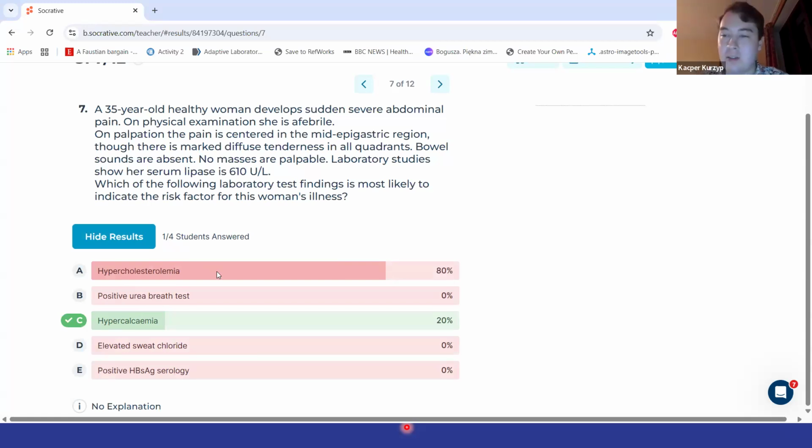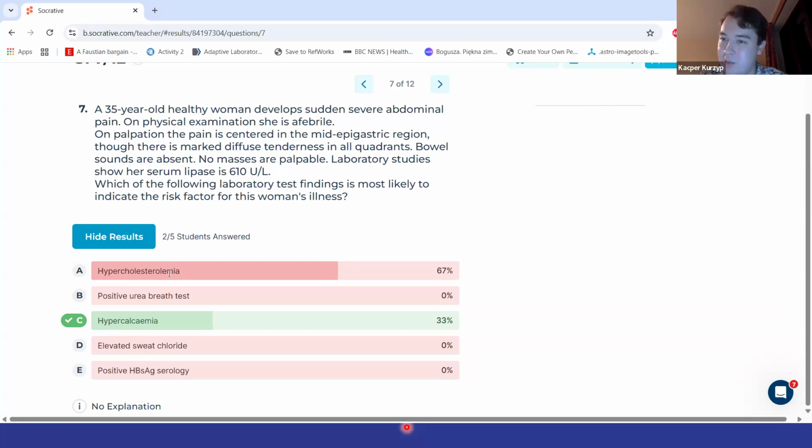Okay, now that's a very important misconception, so I'm happy we have captured it. So hypercalcemia is one of the risk factors. Now, hypercholesterolemia is a bit of a red herring because it's the high triglycerides, so your fats, not cholesterol, that elevate your risk factor for pancreatitis, and cholesterol is actually not a risk factor.